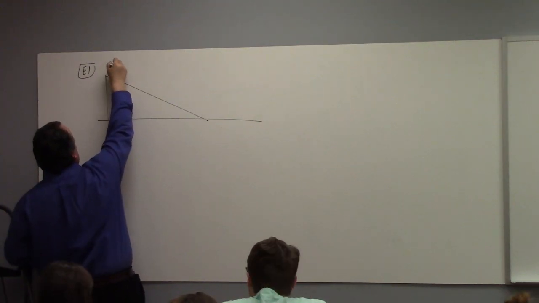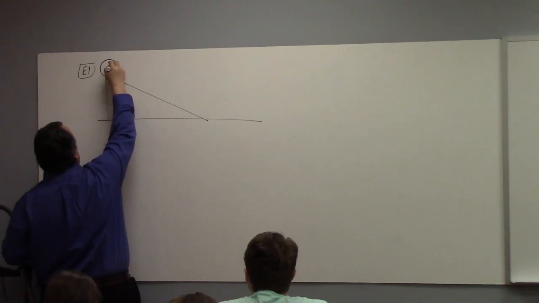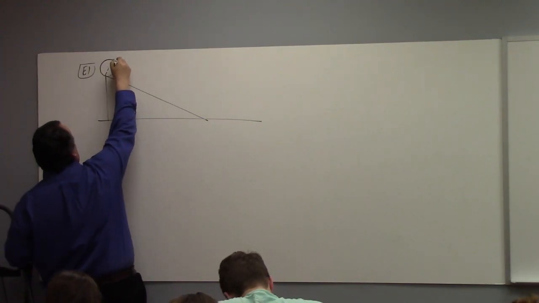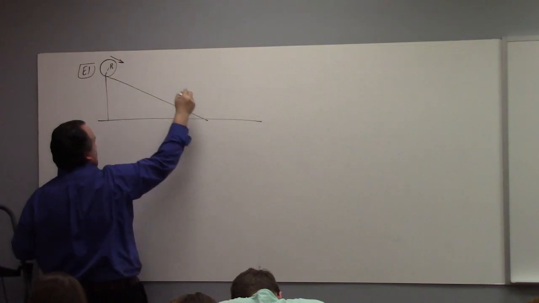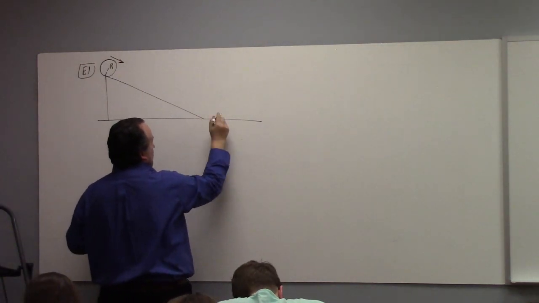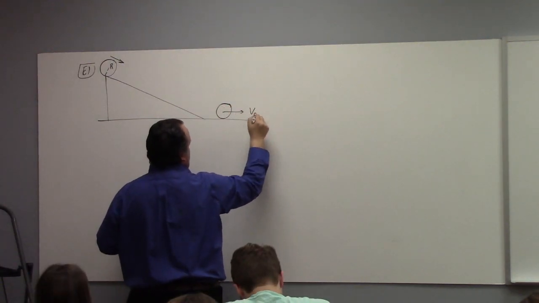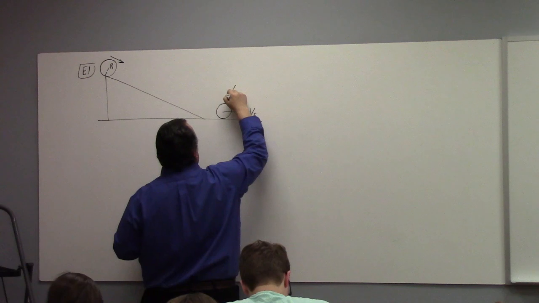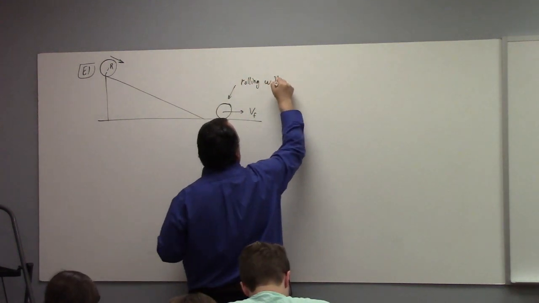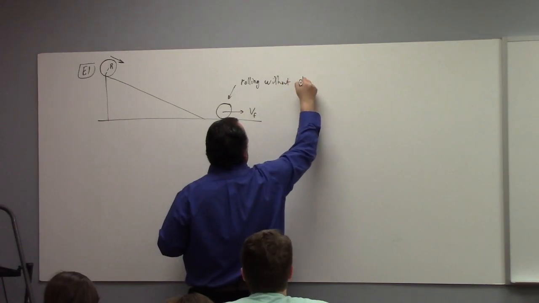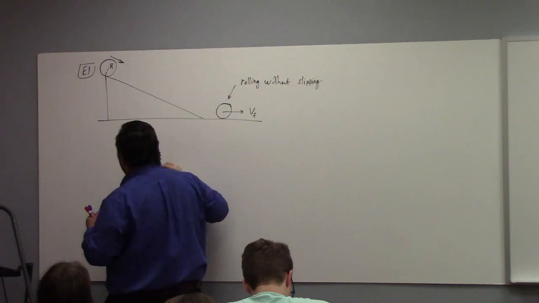And up here, we've got a ball, and its radius is r. It's going to roll down the plane. And here it has velocity vf. Let's say it's rolling without slipping, right?